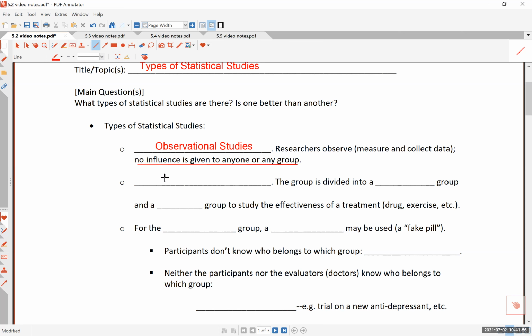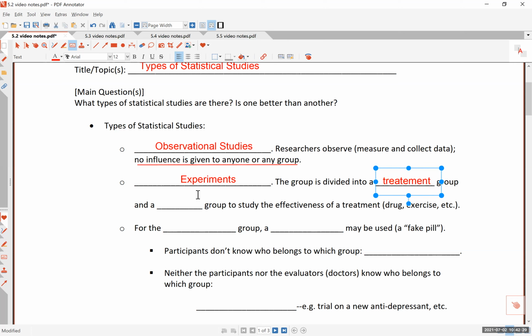If you influence or give some kind of treatment to your subjects, and you compare two groups of people or subjects, that is called an experiment. An experiment is a type of statistical study in which the group, your sample, is divided up into at least two groups. One is called a treatment group.